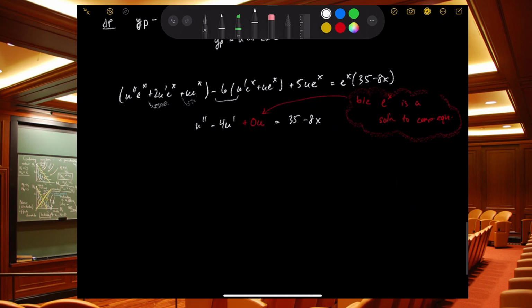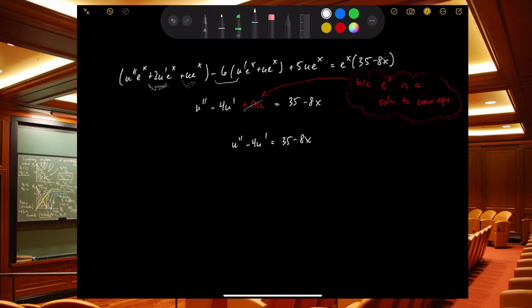So the idea here, since there's no u term and we just have u double prime minus 4u prime equals 35 minus 8x, is that if we let u be a plus bx, the u term is not going to show up in this equation when we substitute it in.